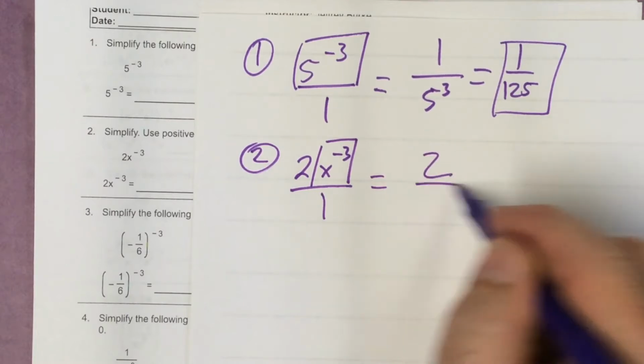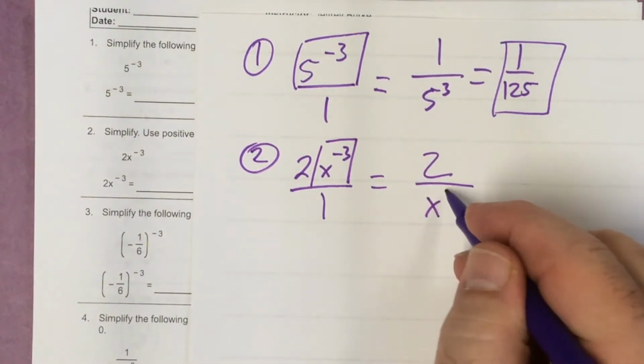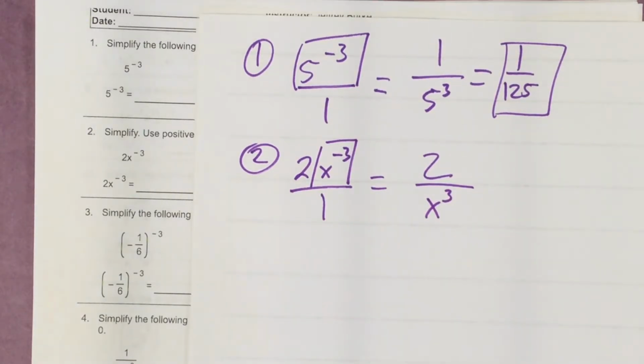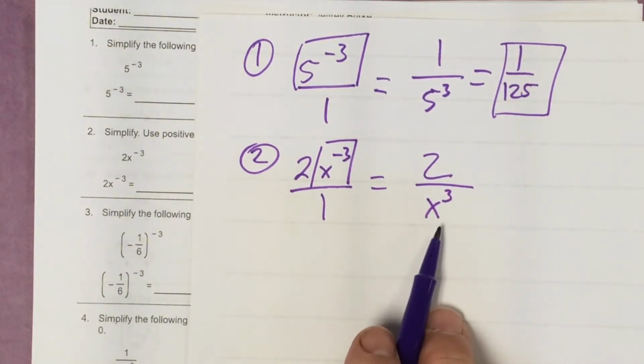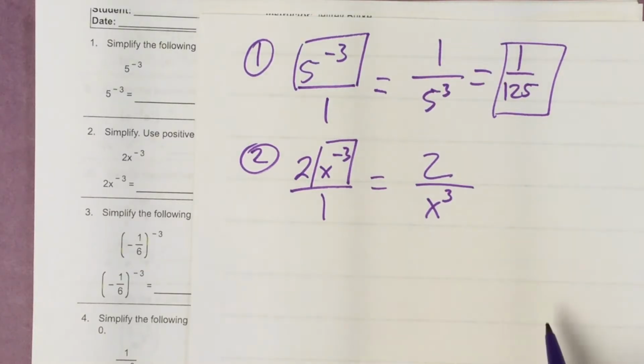Therefore, when I need to move things down to the denominator, it's only x to the minus 3 that I'm going to move, but I'm going to make it x to the third. And that's how I write this, using only positive exponents. When you're looking at your homework in section 3.5, you're going to see the directions for question 2 state that they want this answer written with only positive exponents.